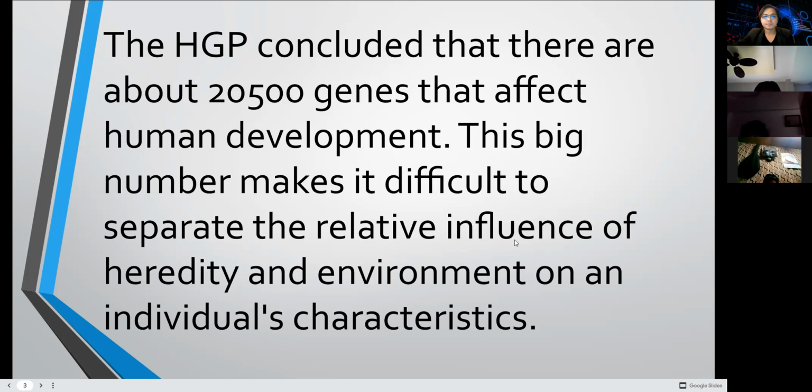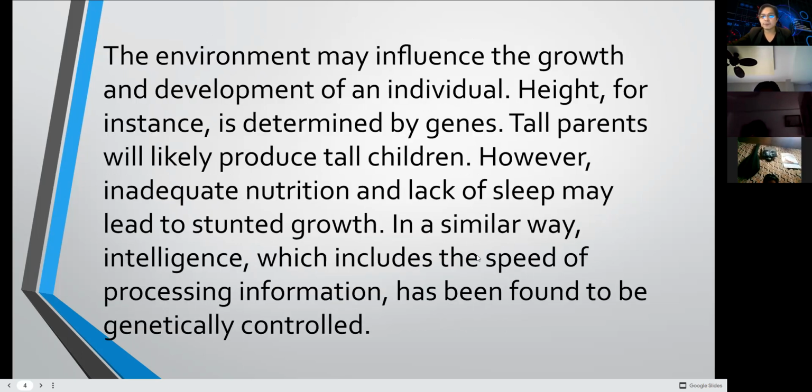The environment may influence the growth and development of an individual. Height, for instance, is determined by genes. Tall parents will likely produce tall children. However, inadequate nutrition becomes the factor that affects growth.